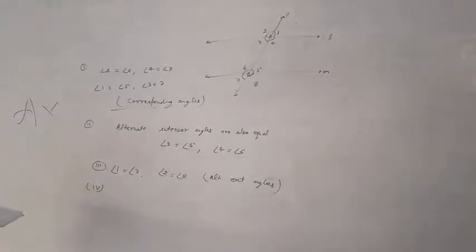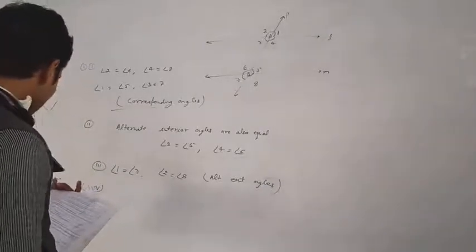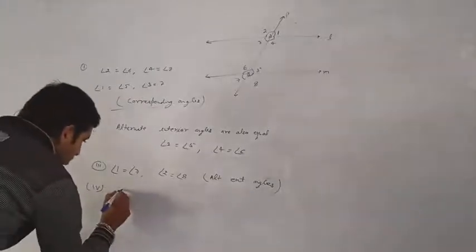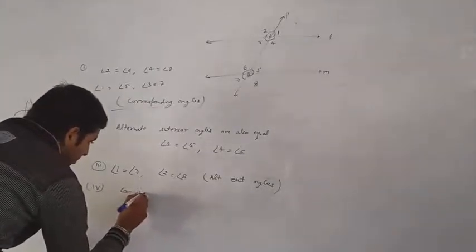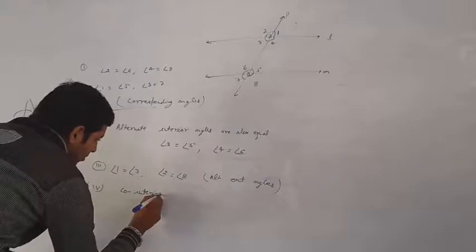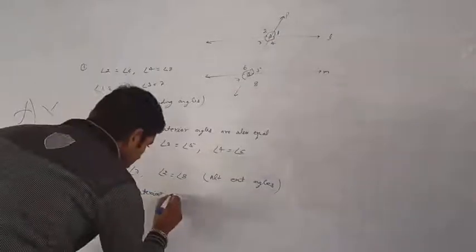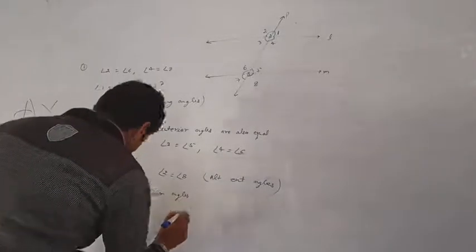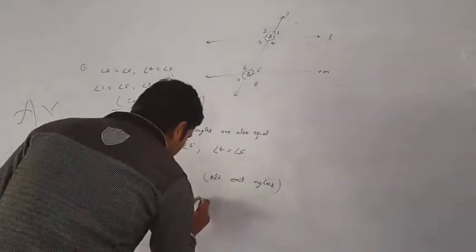And in our fourth property, co-interior angles on the same side of a transversal are supplementary.